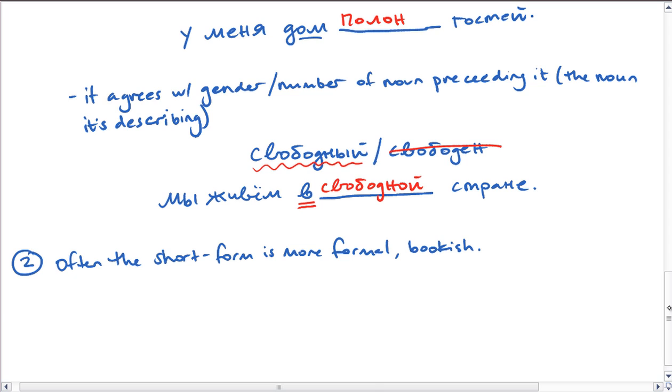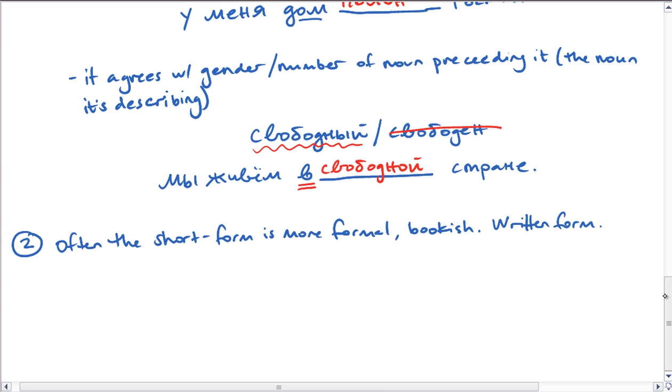Because you could say "Эта книга интересная" or "Эта книга интересна." They're both correct. They both mean that the book is interesting, and you'll probably choose the short form if you're writing it, and the long form if you're speaking it. Not always, but often.